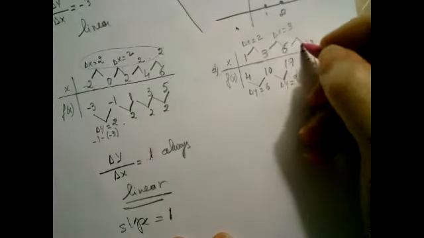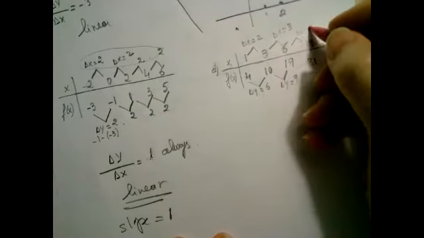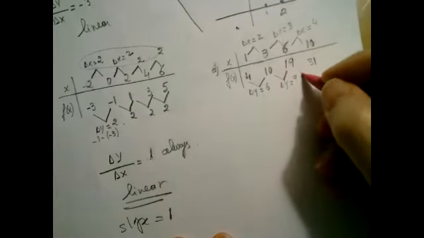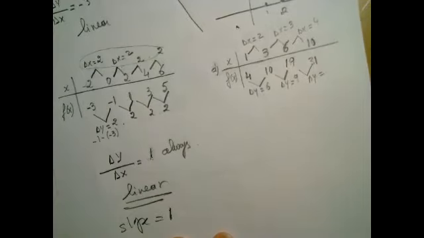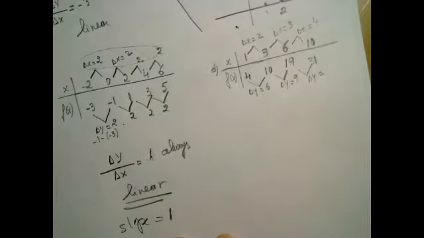From here to here, the change is 4. From here to here, the change is 31 minus 19. How much is that going to give me? 31, you take 10, 21, you take 9. That's going to give me 12.